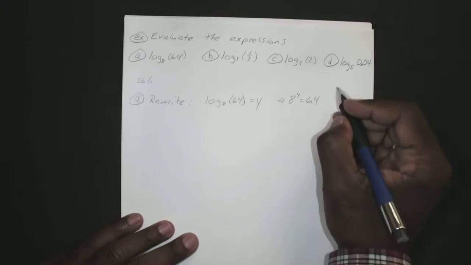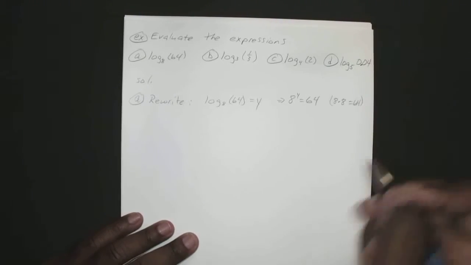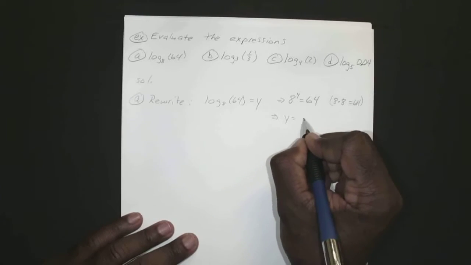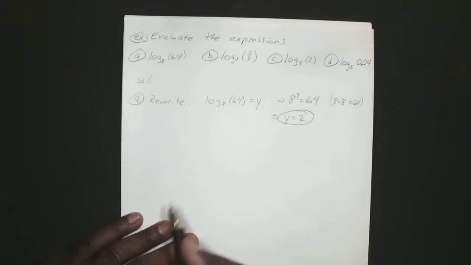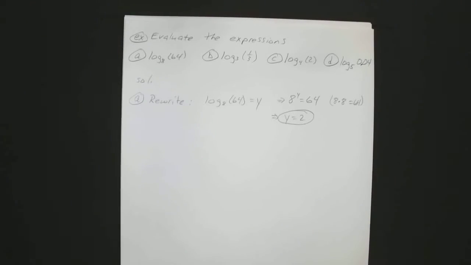Okay, so since we know that 8 times 8 equals 64, we know that y would have to be 2. So since y is equal to log base 8 of 64, we have our answer. Any questions on that one?